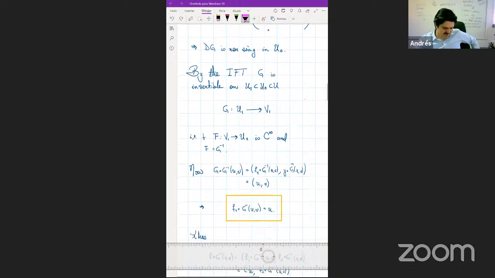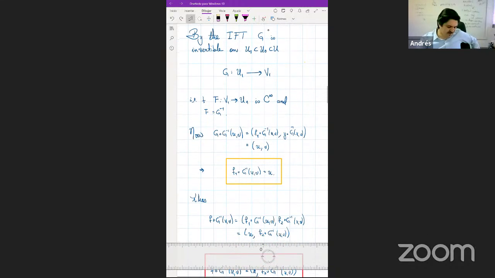Now, let me compute my initial f with the inverse. Right, so I just applied the definition here. And then this comes from this. The second entry is the same.